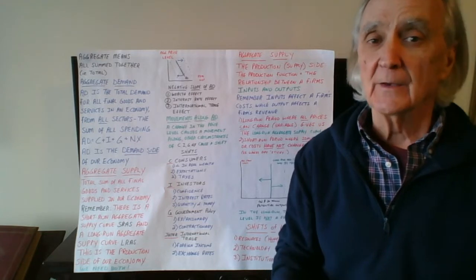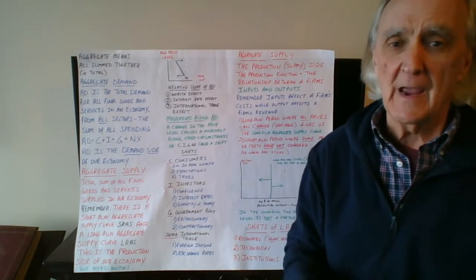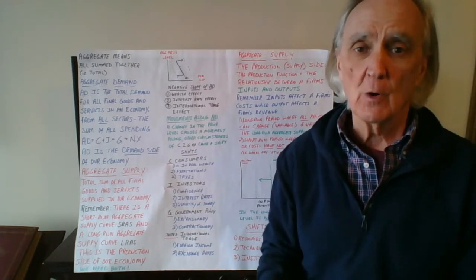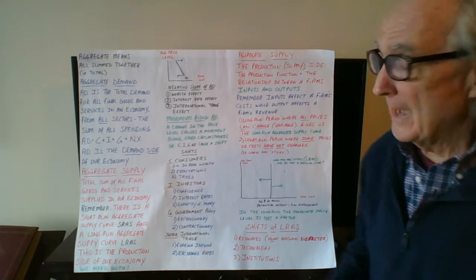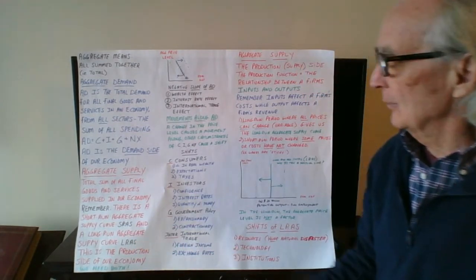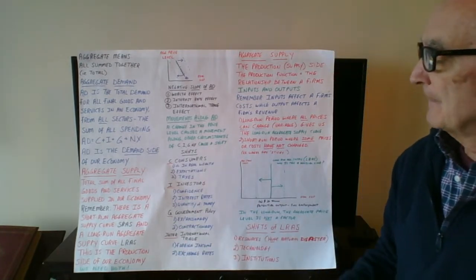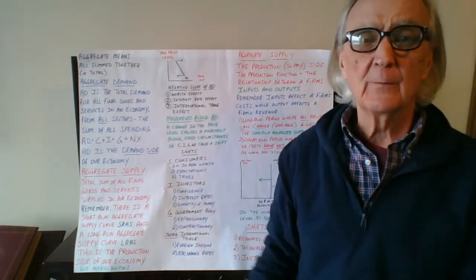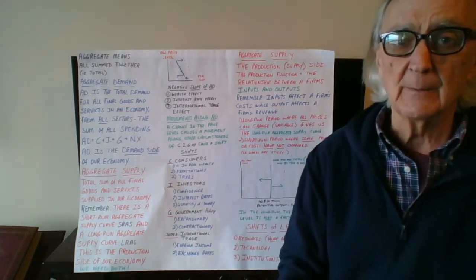So we end up with two supply curves: a long run aggregate supply and a short run aggregate supply. Oddly enough, short run aggregate supply is SRAS and long run aggregate supply is LRAS. This is what would be referred to as the production or the supply side of our economy.